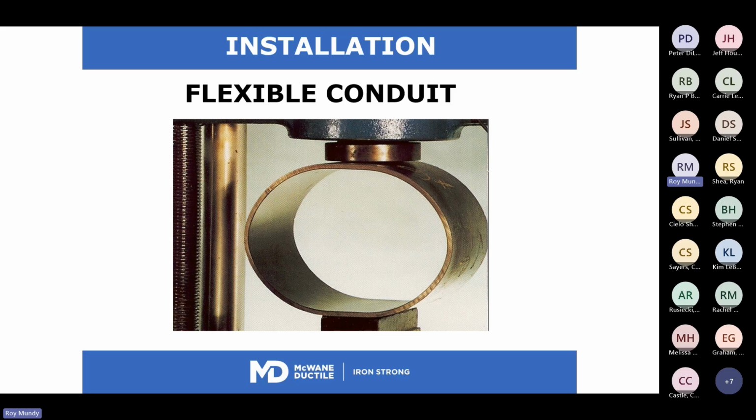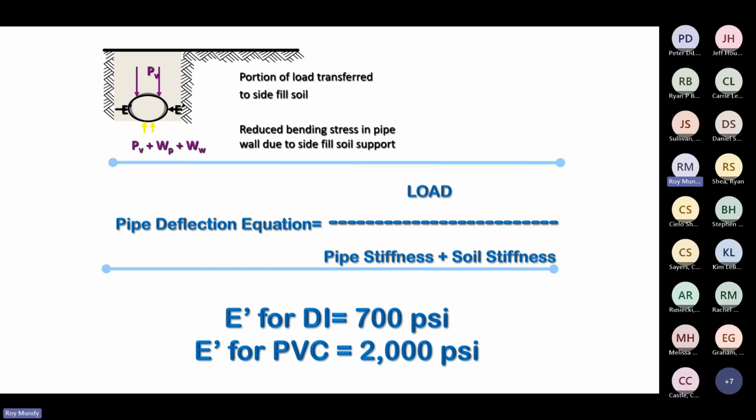So the flexible conduit theory, which is attached to the names I mentioned earlier, Marston and Spangler, basically indicates that when you have a pipe in a trench and you put a force on top of that pipe, which is, again, the backfill soil load and/or even vehicular traffic on top of that, then the pipe, as you see in the upper left-hand corner, is going to want to go oval, is going to want to collapse, if you will, because of that force on the pipe.